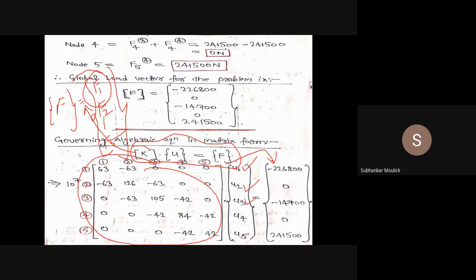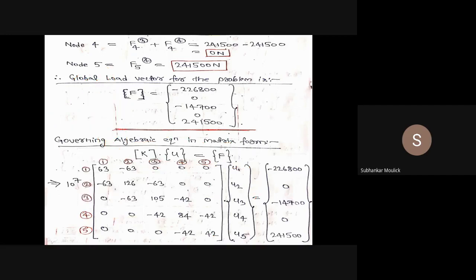Then we can write the governing algebraic equation. In it, K is the global stiffness matrix, multiplied by the global displacement vector U1, U2, U3, U4, U5, since 5 nodes are present, which is equal to F. F is the nodal force vector, which we have already calculated just now: minus 226800, 0, minus 14700, 0, 241500.